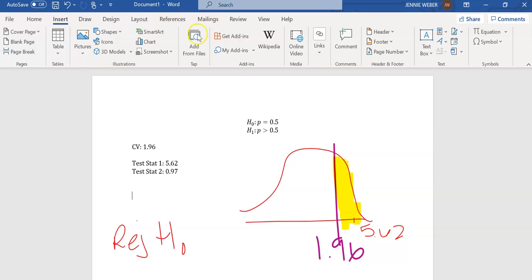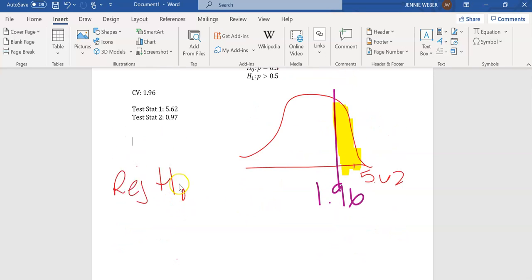Rejecting the null means I'm tossing away this that says it's only 50%, and then I'm able to support the alternative. Your goal in the null hypothesis test is just to reject or fail to reject the null. We rejected it, which means we get to support our alternative.